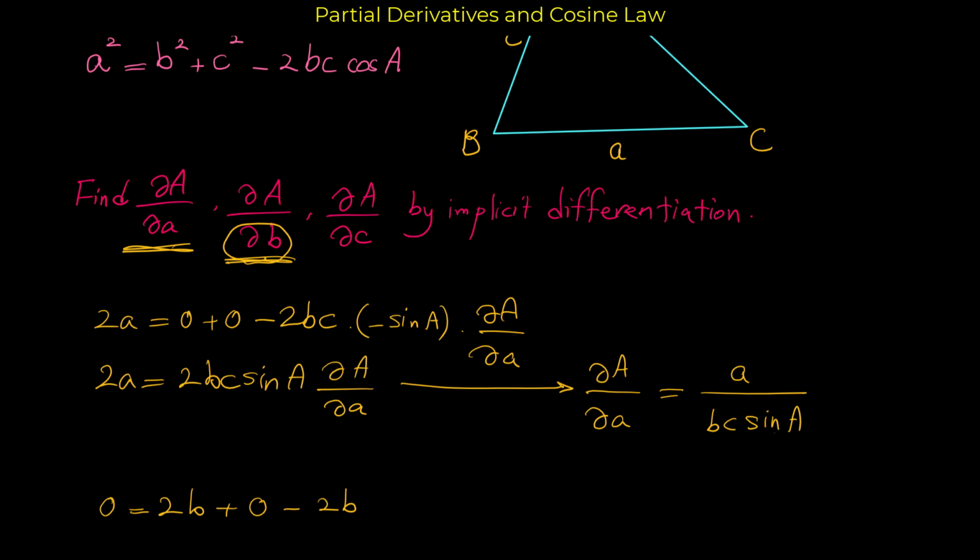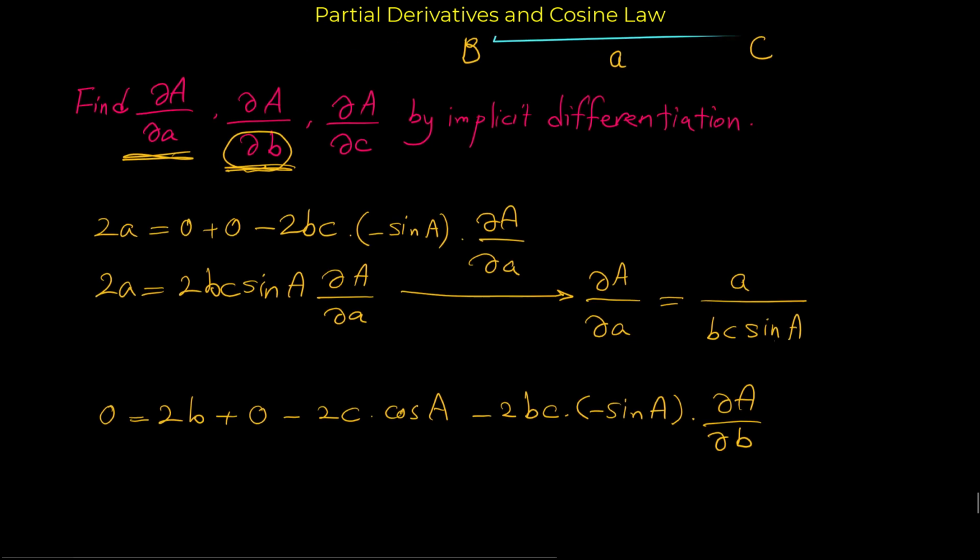The derivative of negative 2bc would be negative 2c, so negative 2c times cosine A. Then we keep the coefficient negative 2bc and multiply by the derivative of cosine, which is negative sine A. Don't forget to attach the partial derivative of A with respect to b, of course. This time we want to find the partial derivative with respect to b.